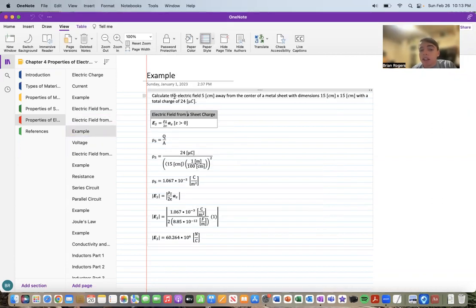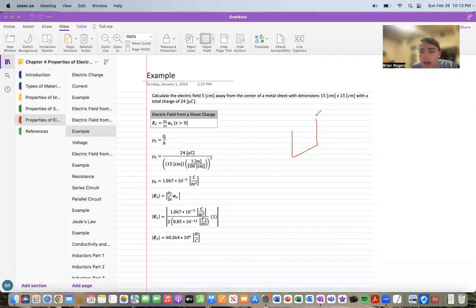It says calculate the electric field 5 centimeters away from the center of a metal sheet with dimensions 15 by 15. So if you want to think about it, basically we have a metal sheet with dimensions of 15 centimeters by 15 centimeters.